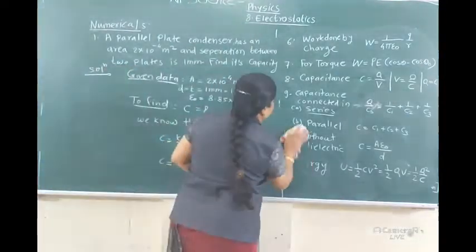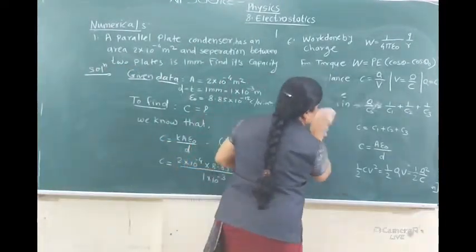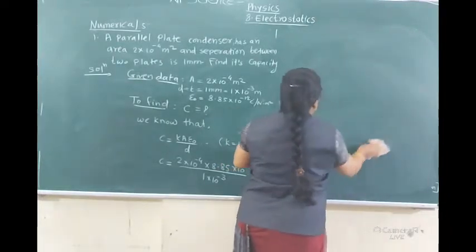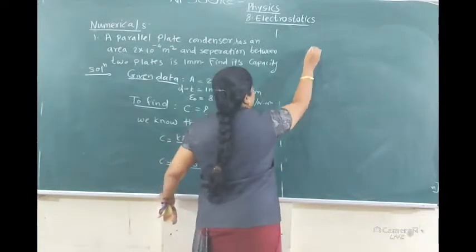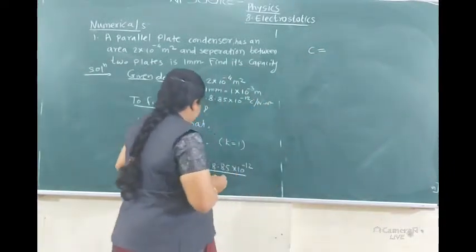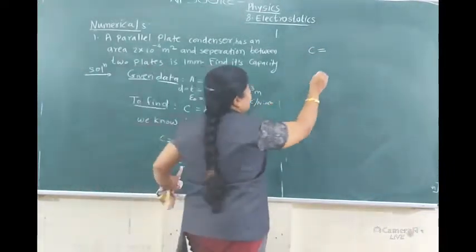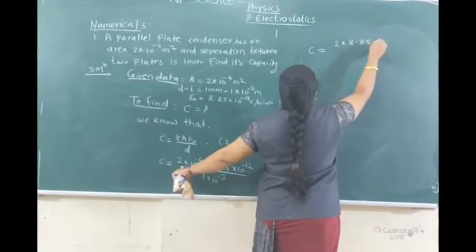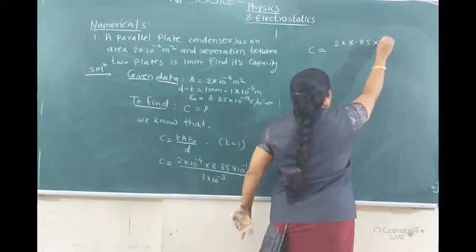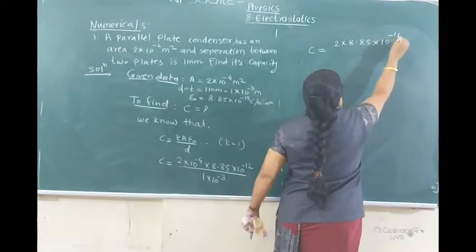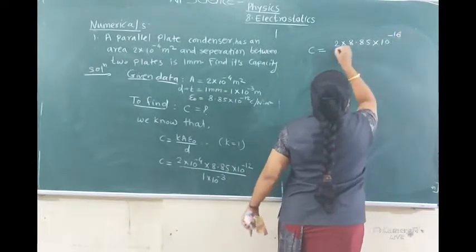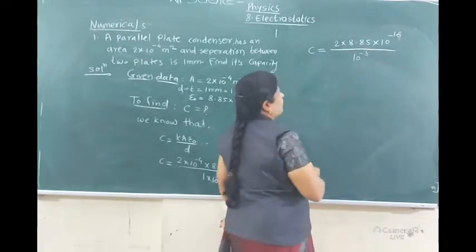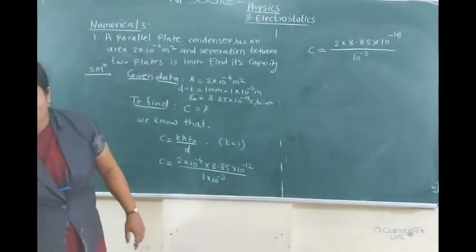So C is equal to 2 multiplied by 8.85 into 10 raised to minus 4 into 10 raised to minus 12 divided by 10 raised to minus 3. Now we multiply this.